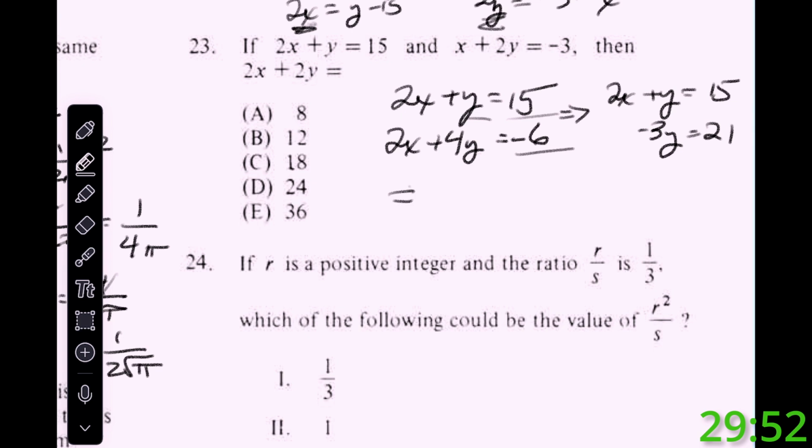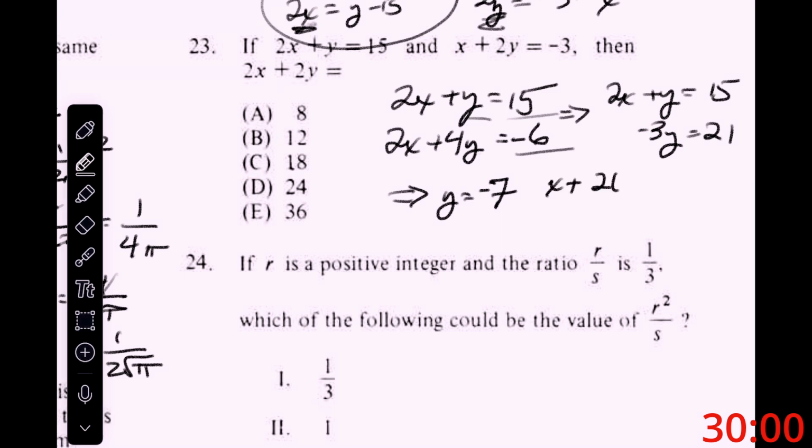So that tells me that y is equal to negative 7. And if y is equal to negative 7, I guess I can plug back in up here. Is that what I want to do? Y equals negative 7. X plus 2 times negative 7 equals negative 3. So x plus negative 14 equals negative 3.